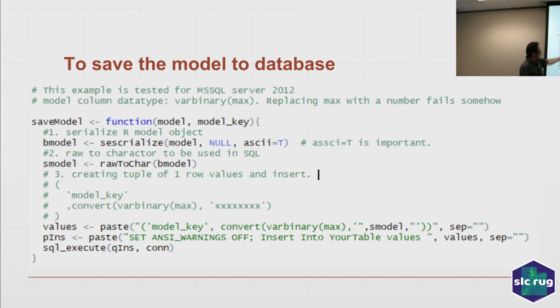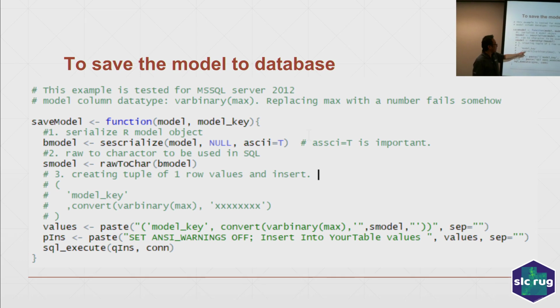So this is your model key, and then you're using the SQL convert function and passing the character here. So this is the model, and then you're converting to the binary.